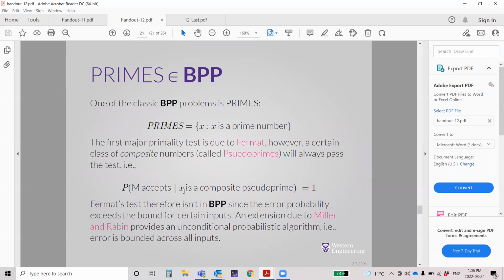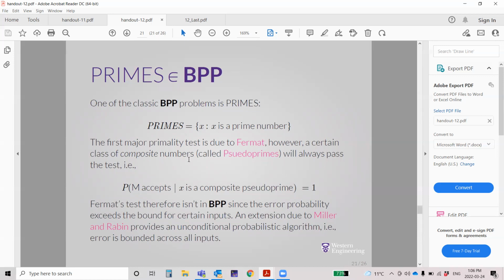Does PRIMES, the set of prime numbers, belong to BPP? One of the classic BPP problems is PRIMES, where X is a prime number. The first major prime test is due to Fermat; you can read about his theorem here.